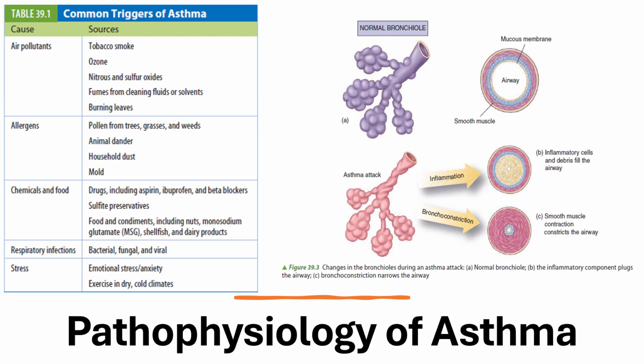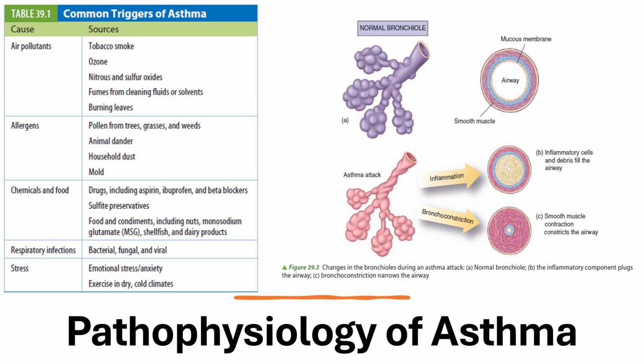Status asthmaticus is a severe prolonged form of asthma unresponsive to drug treatment that may lead to respiratory failure. Now, because asthma has both a bronchoconstriction component and an inflammation component, pharmacotherapy of the disease focuses on one or both of these mechanisms.